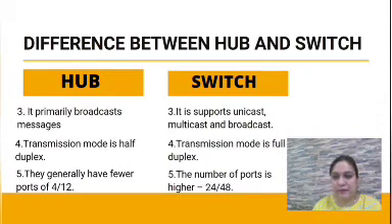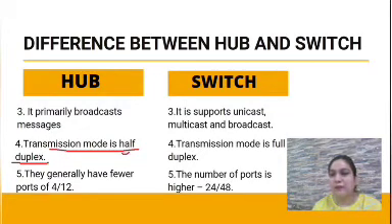The next difference is the transmission mode. In a hub it is half duplex. Half duplex means at the same time only one computer sends data. Suppose this is computer 1 and this is computer 2.